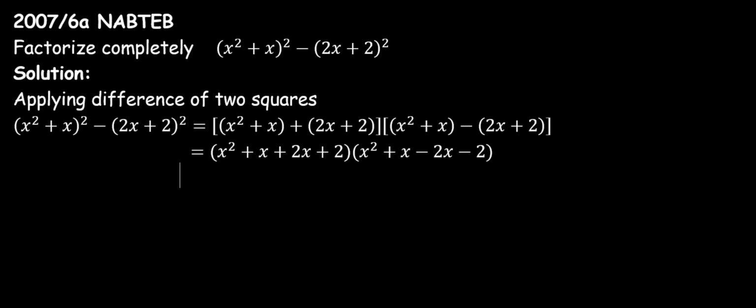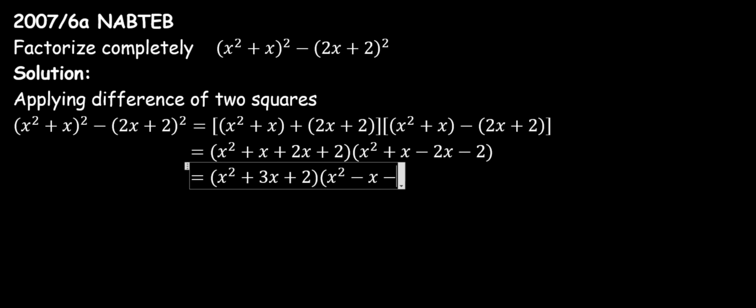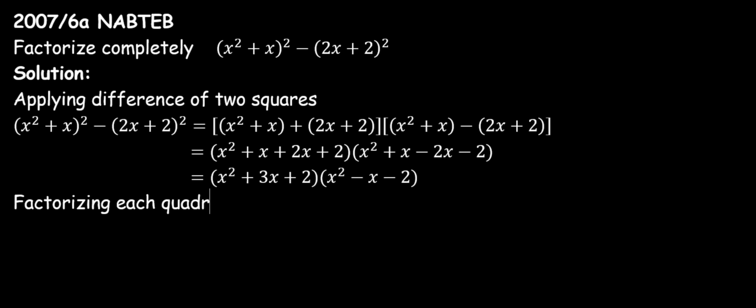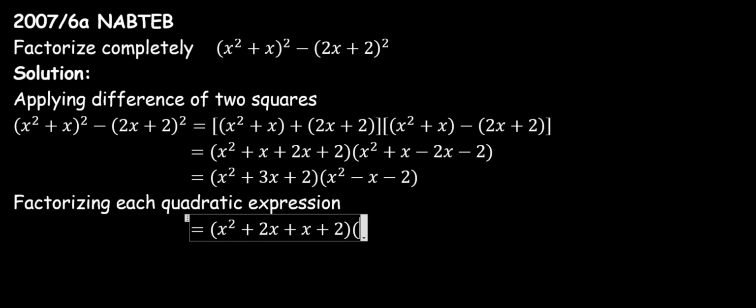Simplifying the expression, you have each of the bracket expressions: (x² + 3x + 2) into (x² − x − 2). Next, we factorize each quadratic expression. Factorizing each quadratic expression, we now have (x² + 2x + x + 2) into (x² − 2x + x − 2).